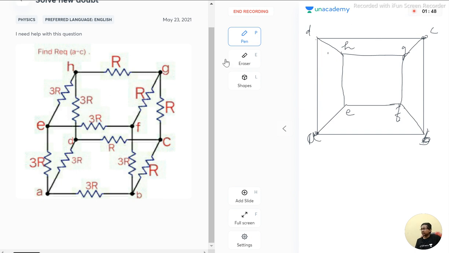What is the resistance between the DC branch?